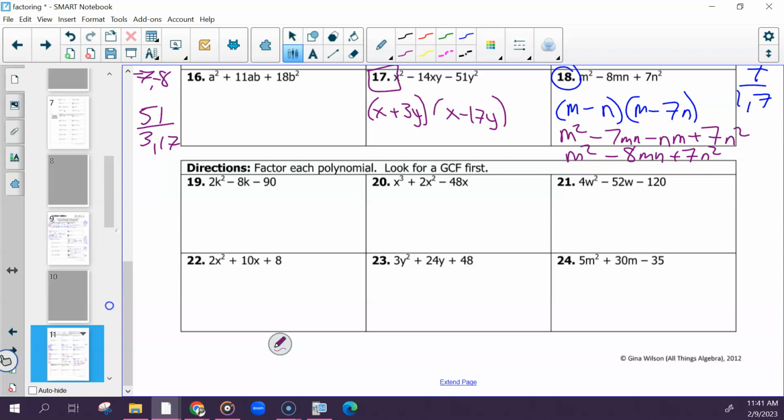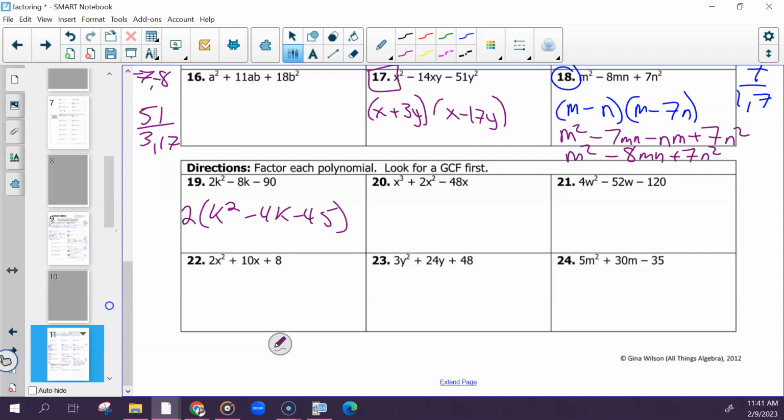Yep. So we're going to divide everything by 2. What would be left? Negative 4k. And then minus 45, yes.